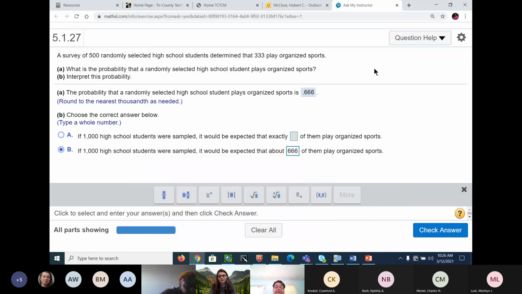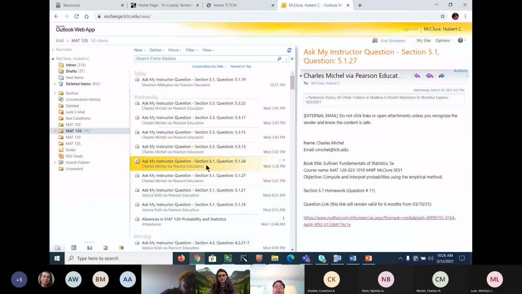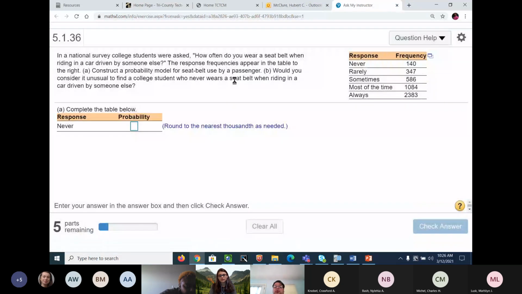Next. 5.136/14. In a national survey, how often do you wear a seatbelt when riding in a car driven by someone else?